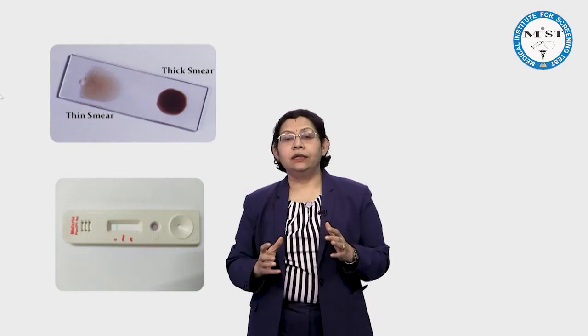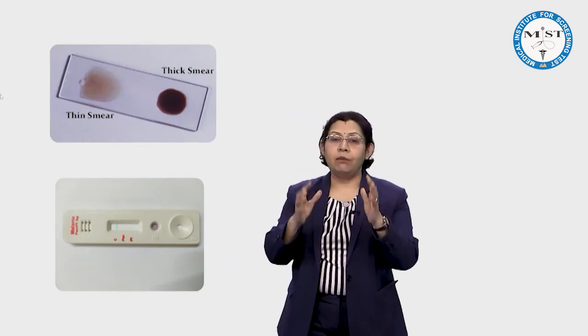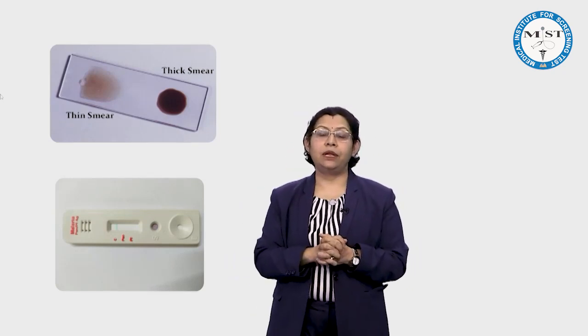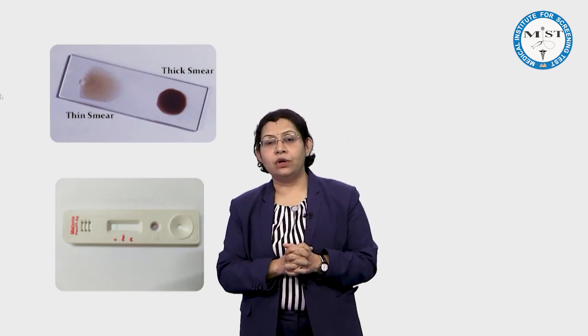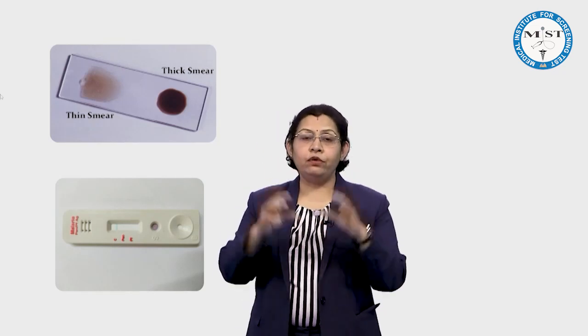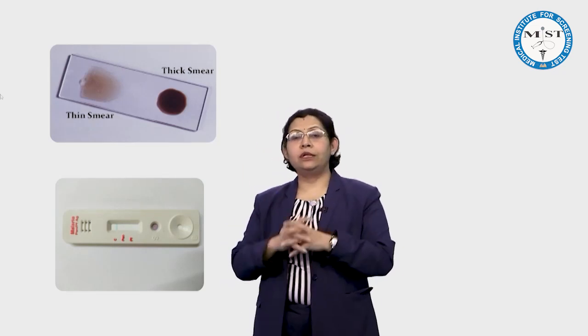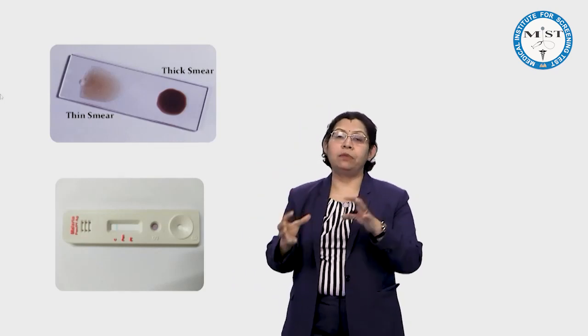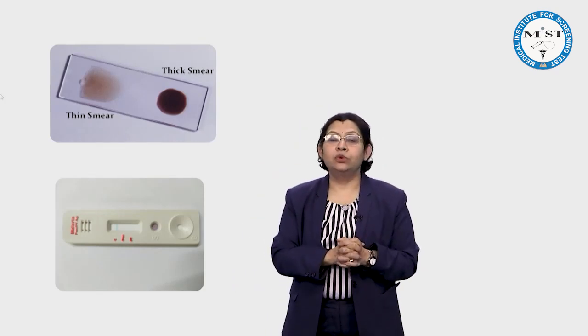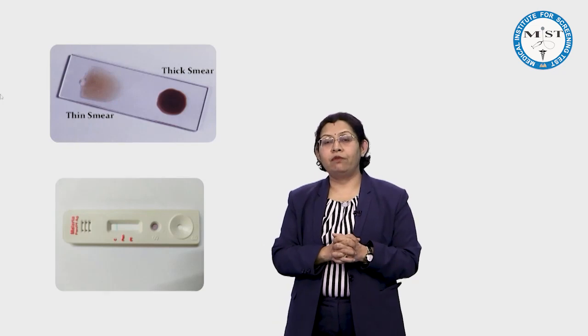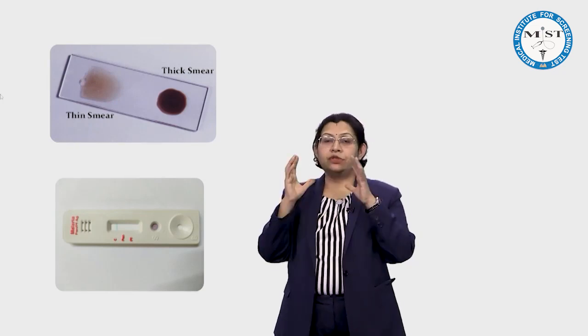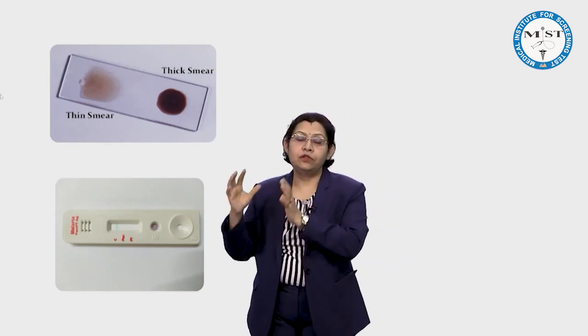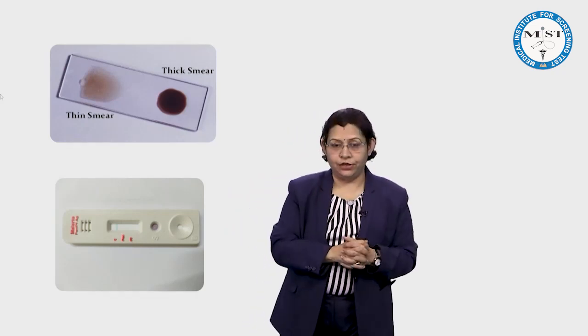The reason is that we have a high number of falciparum cases in the northeast states, which is causing maximum mortality. So we want to give those drugs only in the northeast states. We don't want to give them in the rest of the states, to reduce the possibility of development of resistance. So the drug of choice is different for the northeast states and the other states.